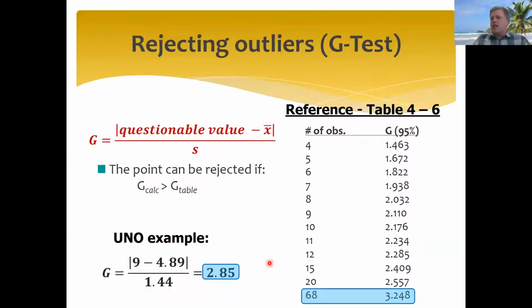I'll also say that oftentimes in the lab, students think a data point is inaccurate because it's really far away from 2 other points. So oftentimes you'll take just 3 measurements and try and calculate an average and standard deviation from that. So they'll have 2 points that are really close together and a third point that's far away, and they'll think, oh, this is an outlier, I want to get rid of it.